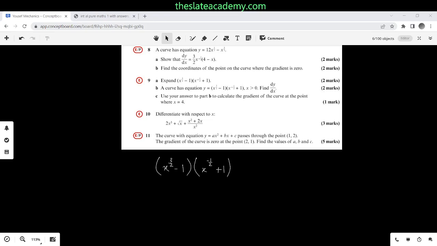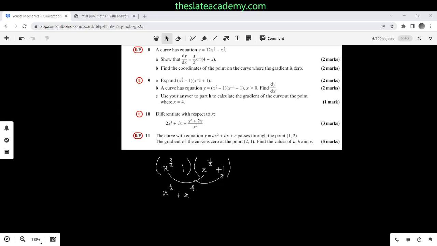Okay, so first I multiplied 3 over 2 plus half, will be 3 over 2 minus half. It will be 1 over 2, x to the power 1 over 2. Then x to the power 3 over 2 times 1, I get x to the power 3 over 2 as it is.